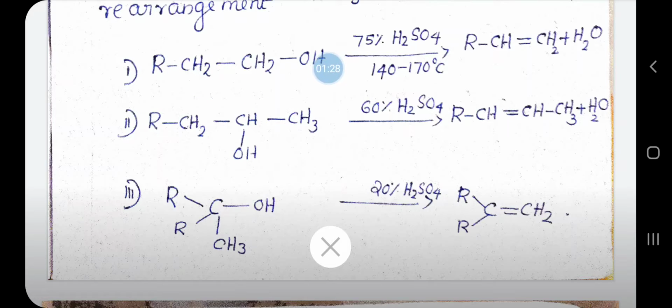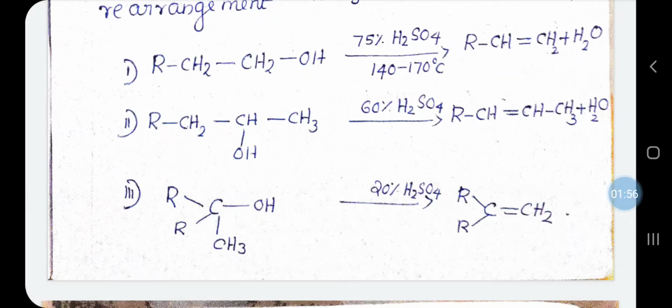A primary alcohol, that is, an OH group attached to one carbon atom, with 75% sulfuric acid at 140 to 170 degrees is converted into an alkene, while a secondary alcohol with 60% H2SO4 will be converted into the corresponding alkene. Similarly, a tertiary alcohol with 20% H2SO4 will be converted into an alkene.